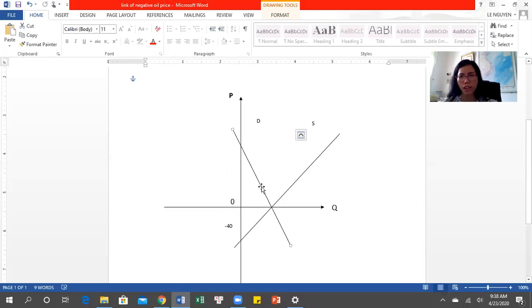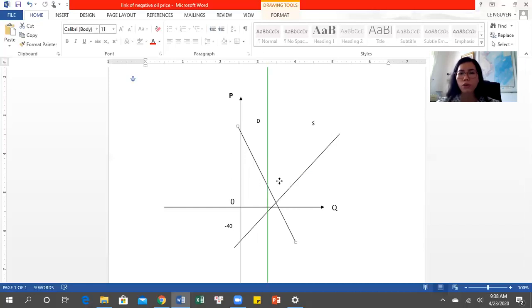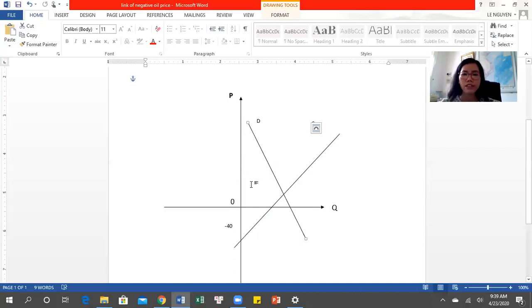So the price can now return to zero, but it doesn't mean the demand curve will shift to the previous one or the original price of $18, maybe less than $18. That's why after a few minutes of trading on that day, the crude oil price went up to about $1 or $2. I can't remember, but it was more than zero after that. So that's a very quick, easy explanation by the model.